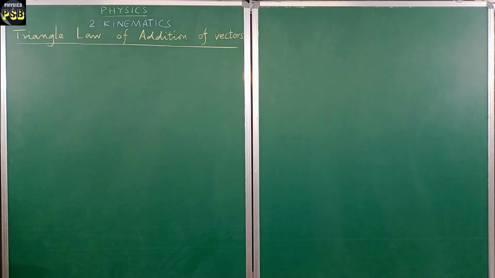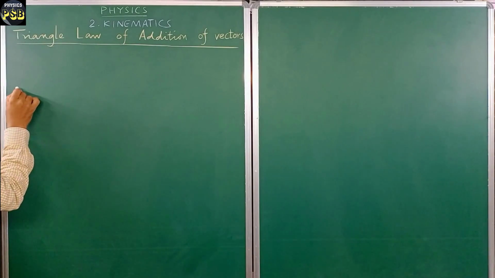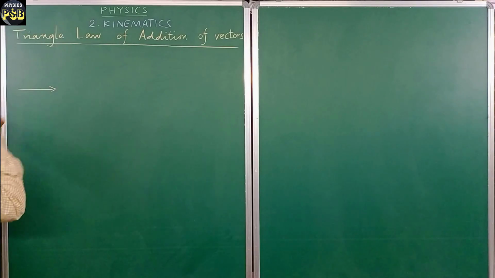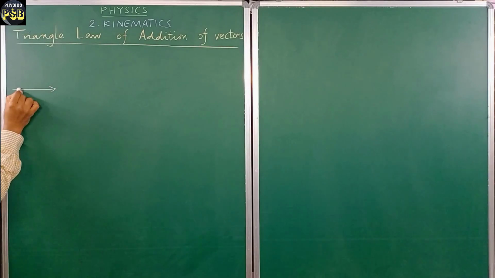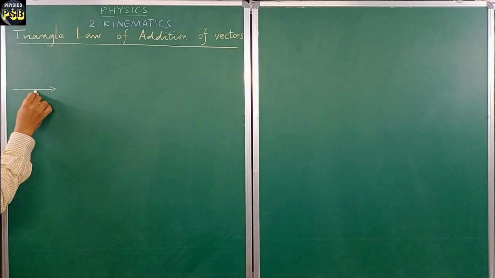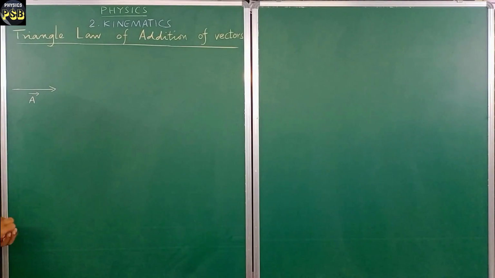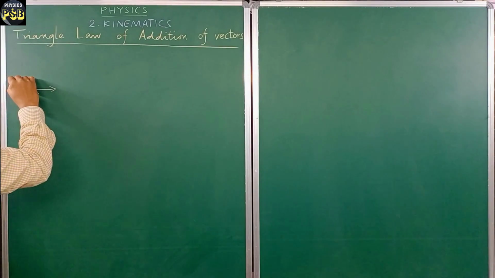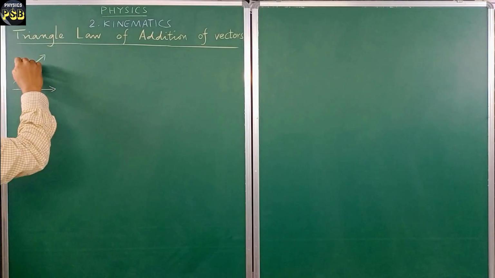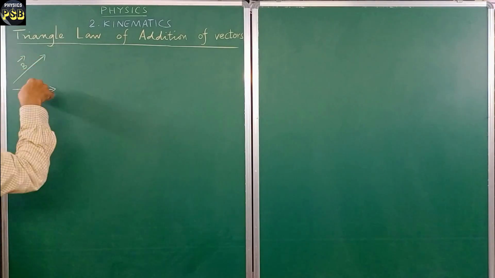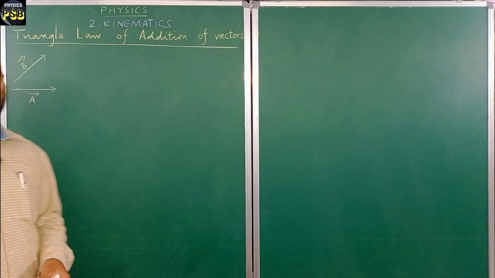In order to explain this method of addition of vectors, I consider two vectors, vector A and vector B. These two vectors are inclined to each other.